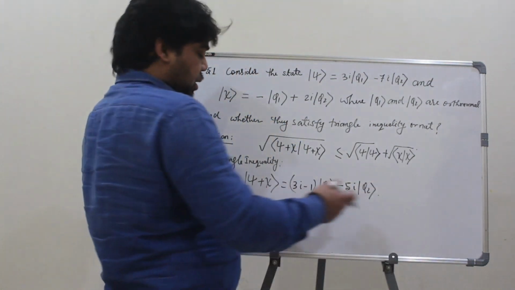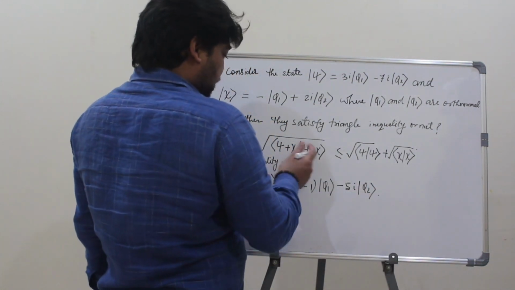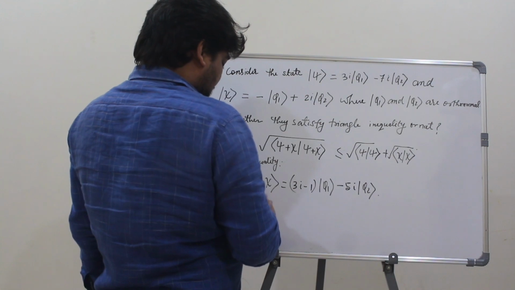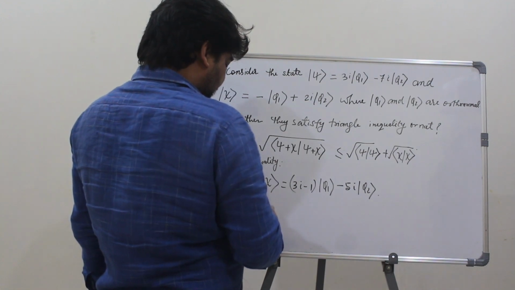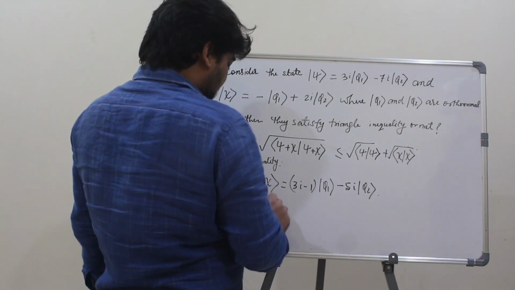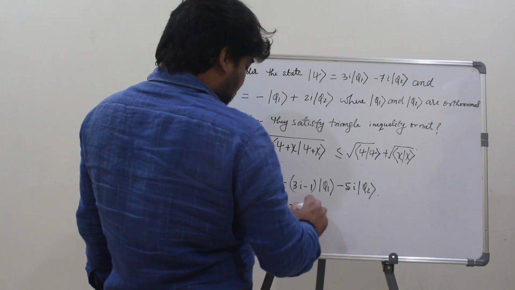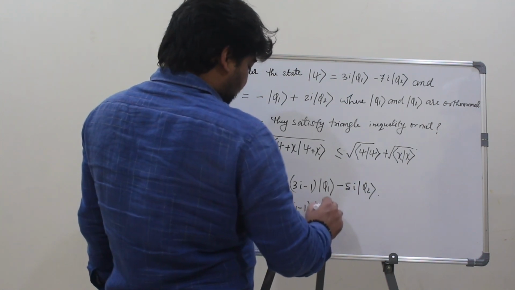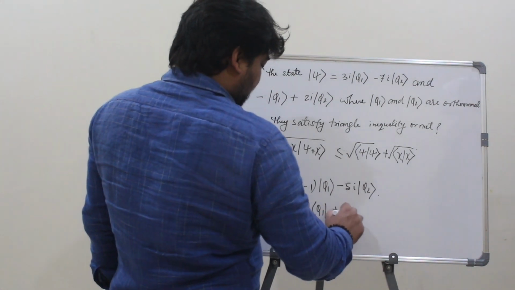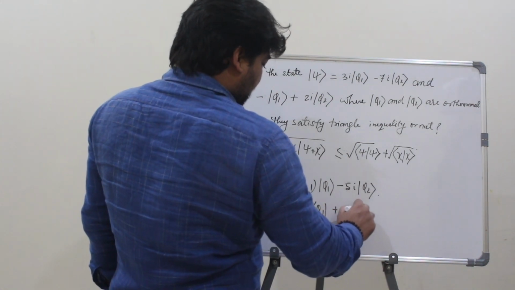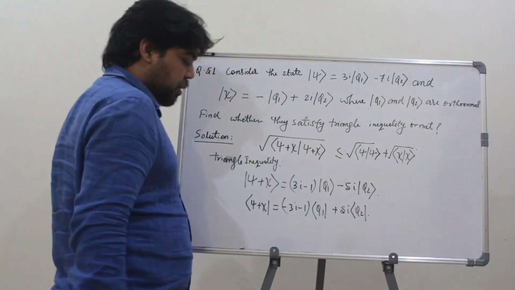Right? This is our state. Now let us take its Hermitian conjugate, basically the bra. So the bra of psi plus chi is minus of (3i minus 1) phi1 plus 5i phi2. This is a straightforward thing.